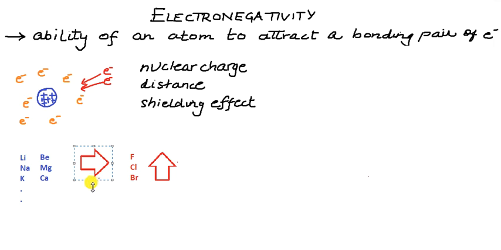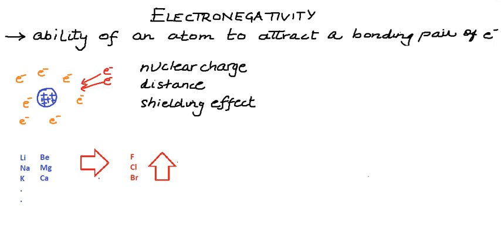Let's first go back to atoms and try to figure out what happens when atoms of the same electronegativity bond with each other, and when they have different electronegativities, what happens then when they try to bond with each other.